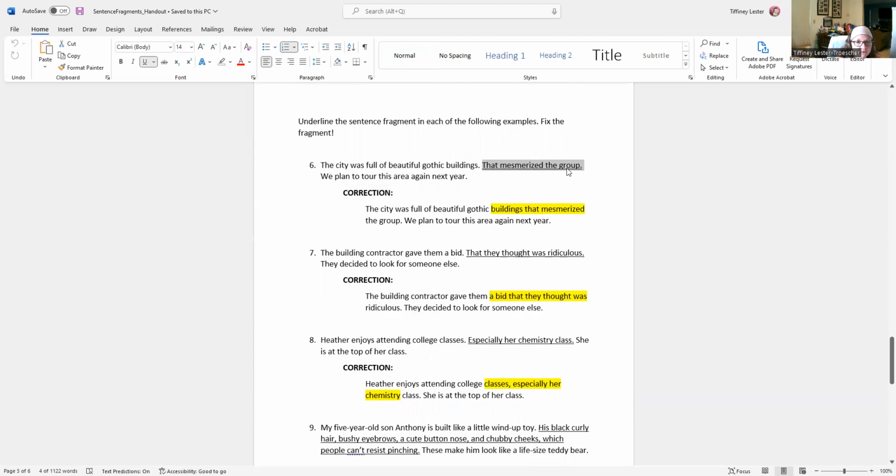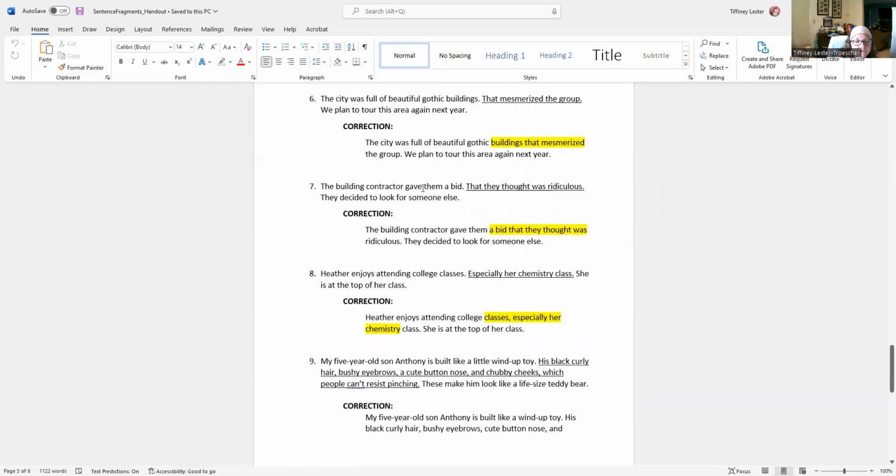What mesmerized the group? Well, the beautiful Gothic buildings. So it goes with this idea. So why not make it a part of this sentence, right? The city was full of beautiful Gothic buildings that mesmerized the group. All you had to do was take out that period, lowercase the t. That's it.